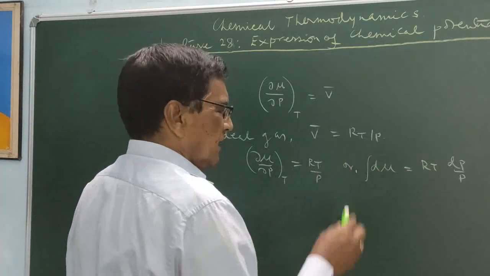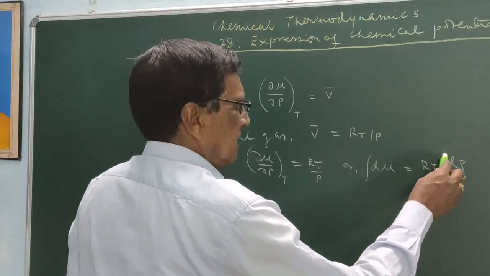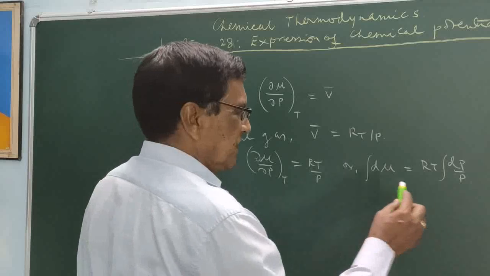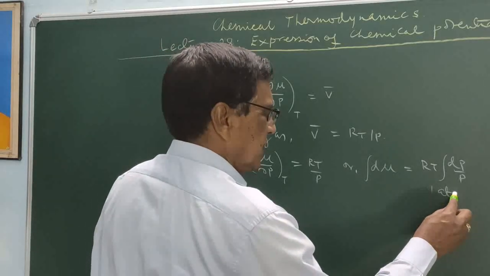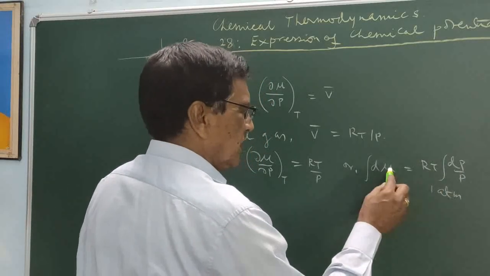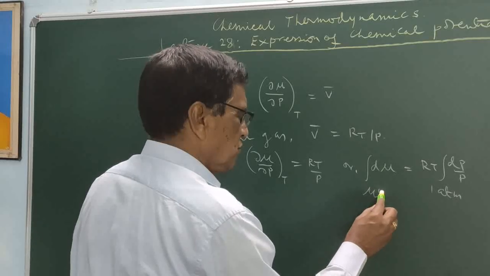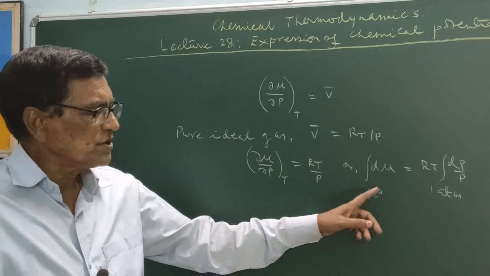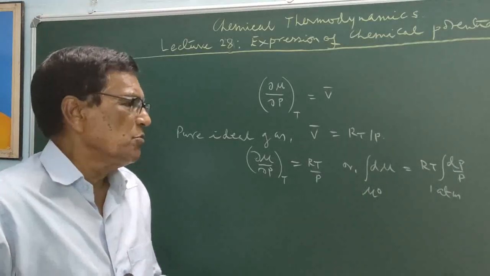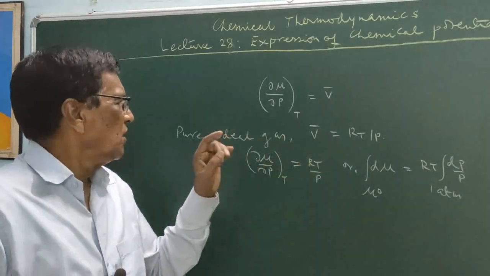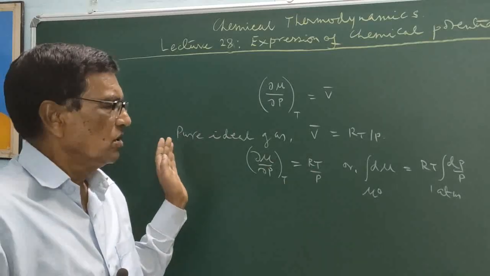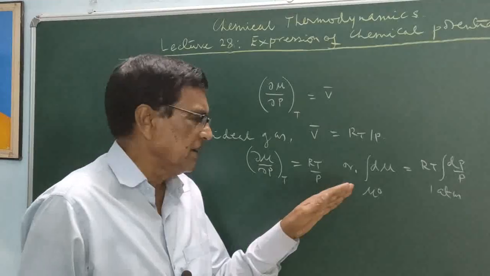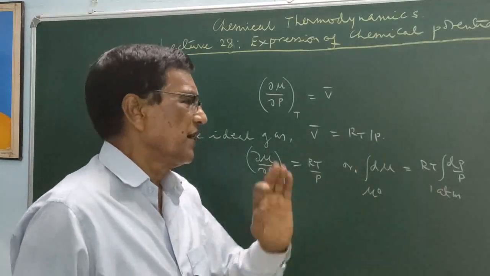If we try to express the influence of pressure on the chemical potential at constant temperature, we can do the definite integration. The lower limit is 1 atmosphere, and when P is 1 atmosphere, the chemical potential is mu naught, the standard chemical potential. Standard chemical potential is the potential of 1 mole of this ideal gas at a given temperature and pressure of 1 atmosphere.